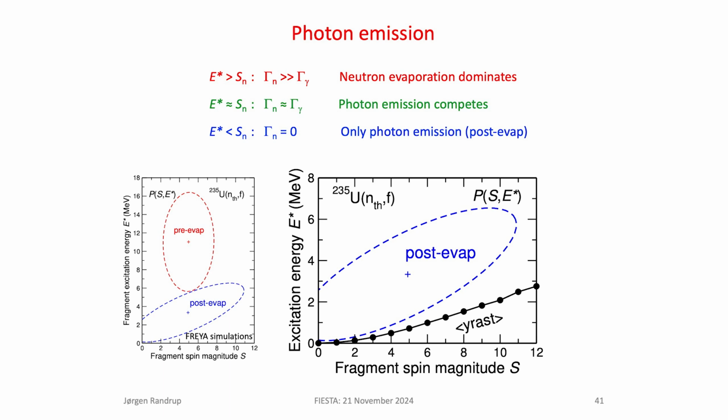Of course, if the excitation energy is below the separation energy, you don't get any neutrons. So in the FREYA simulations, we simply assume that neutrons dominate as long as you can emit neutrons. This becomes increasingly incorrect when you approach the threshold, because when the width for neutrons goes to zero, there is still a width for gammas, and even though it's small, it finally becomes important. So you can emit gammas before you exhaust the evaporation, but this is not taken into account here.